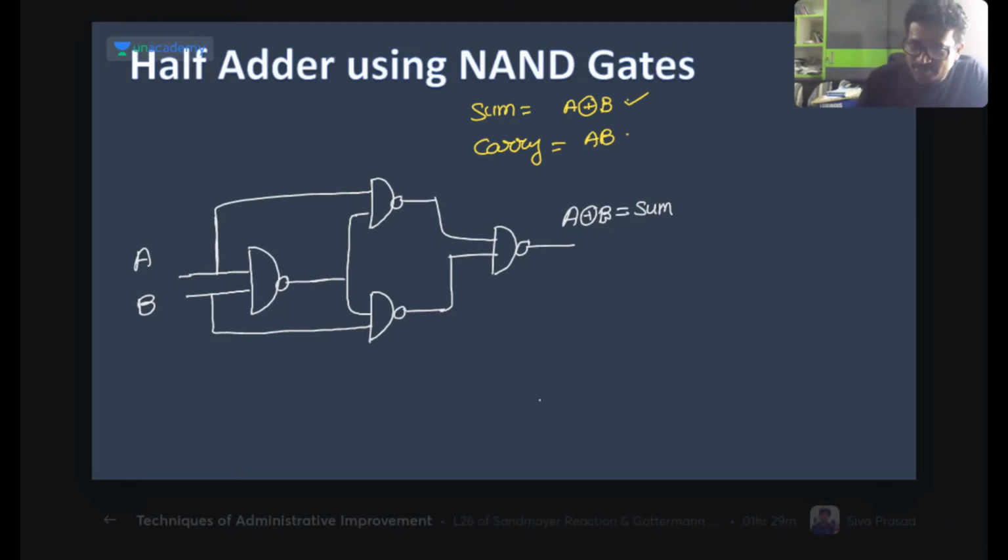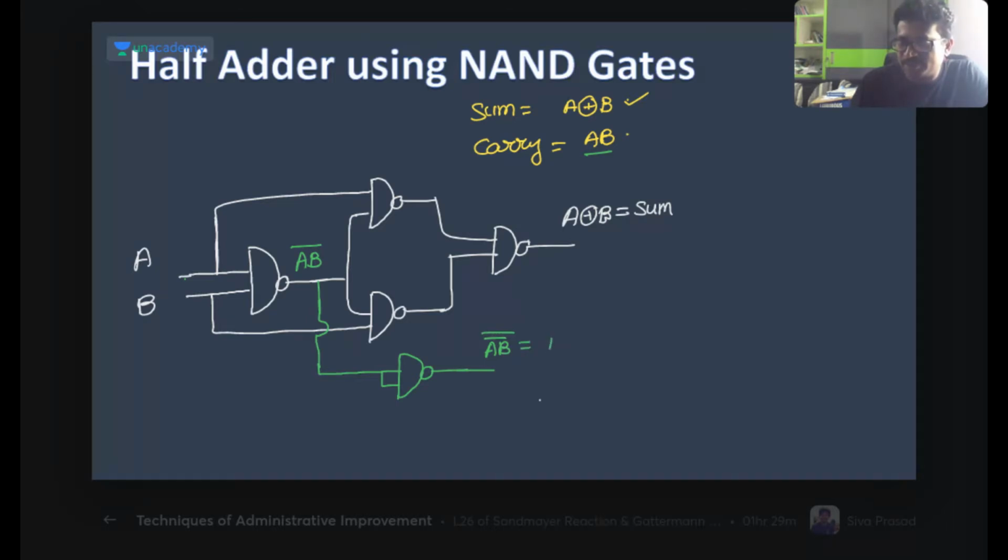Carry means AB, so this is A into B. Here what I will get is AB whole bar. If this is AB whole bar, I need AB. So if I connect this to one more NOT gate, which means one more NAND gate, then I will get AB bar whole bar.